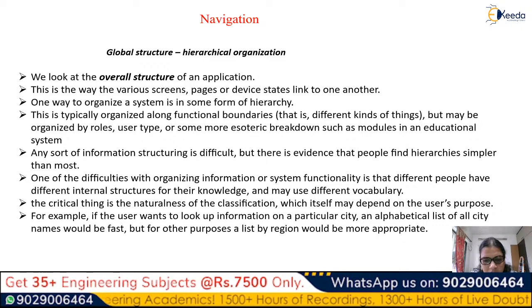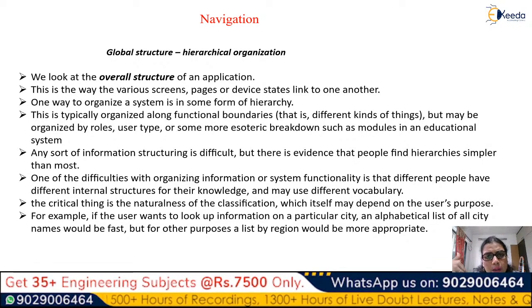But if I don't know in which region the city lies, then for me an alphabetical list is appropriate because the city names are arranged in alphabetical order. If I want to find cities that start with S and I don't know which area or part of the country they're located in, the alphabetical list would be helpful. But if you know in which continent or region they are located, it could be very helpful for you to find them in that region.